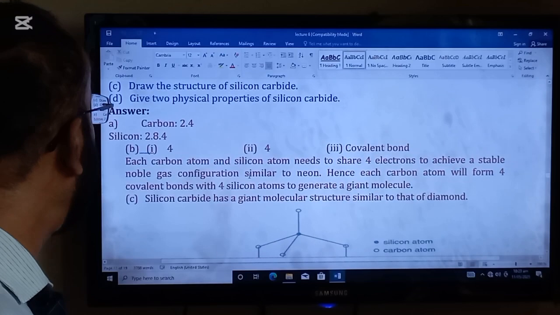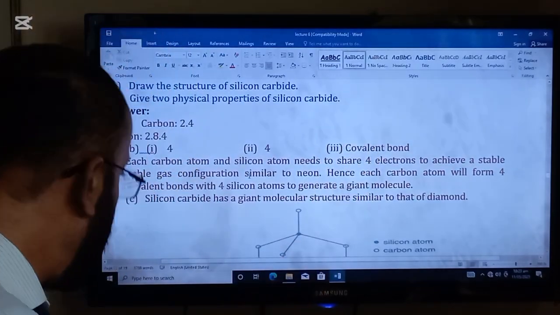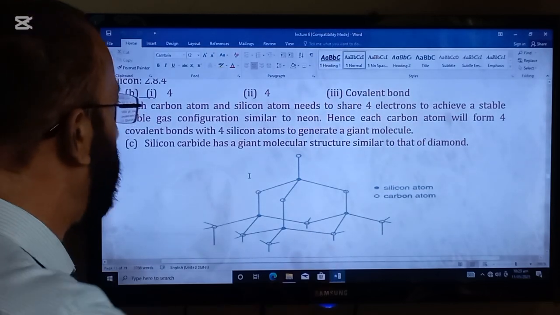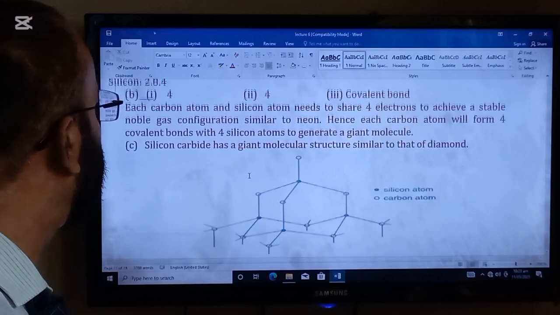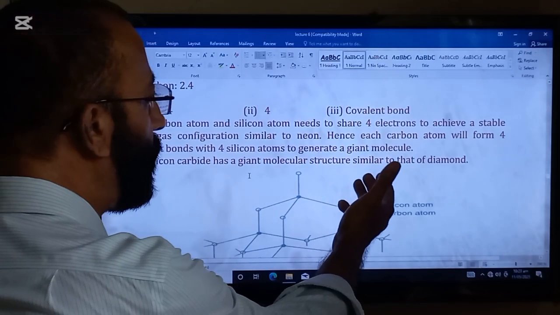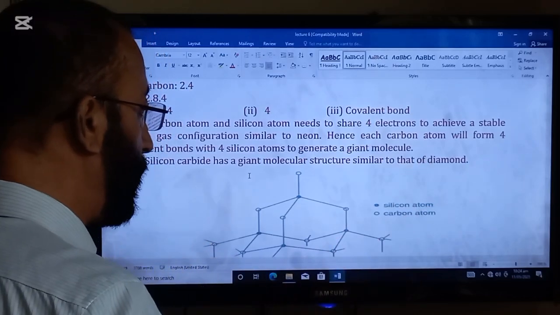Next requirement is draw the structure of the silicon carbide. So this is the structure of the silicon carbide. The silicon carbide has a giant molecular structure similar to that of the diamond. So this is the structure which is very important.